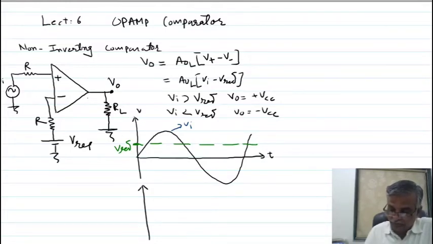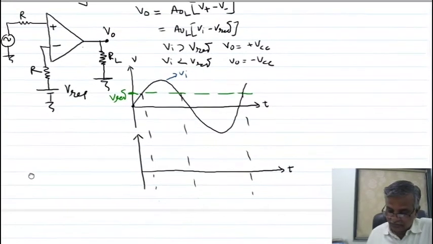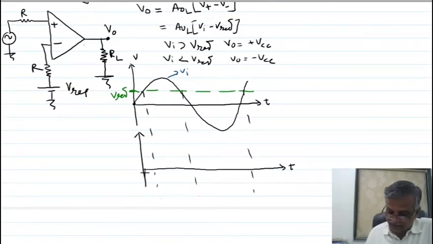This is your input with respect to time, and I am showing you my output. See, here is the level change, so I am making a demarcation line here. In this portion, you can say Vi is less than V reference, so the output voltage will be negative.